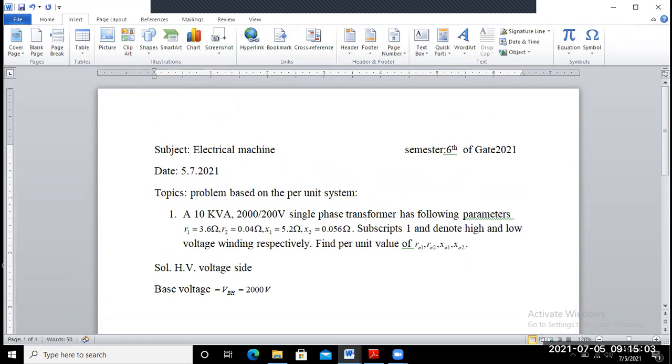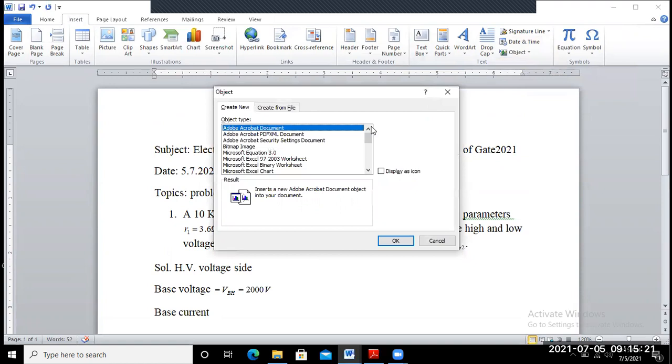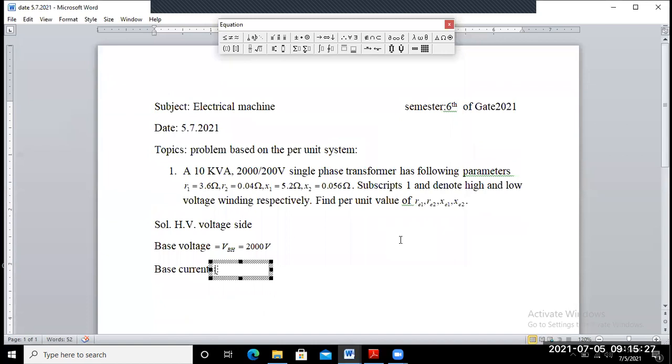So IBH equals the rated volt ampere divided by the base voltage of the high voltage side.